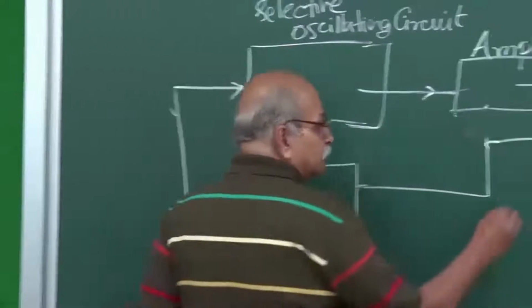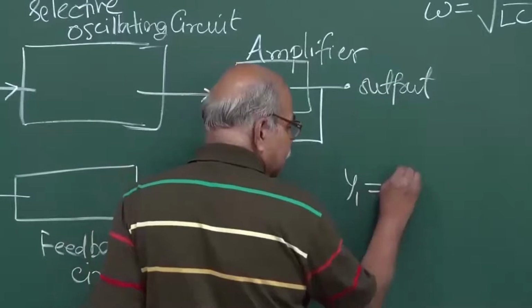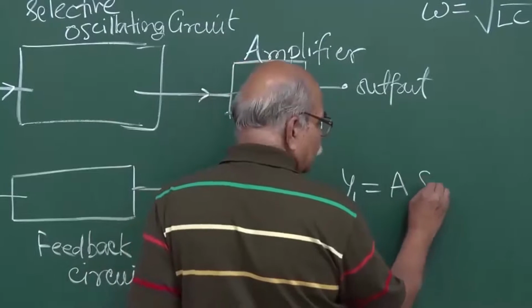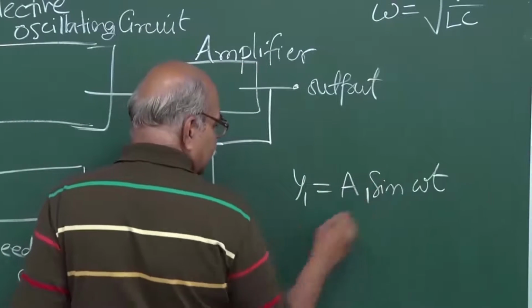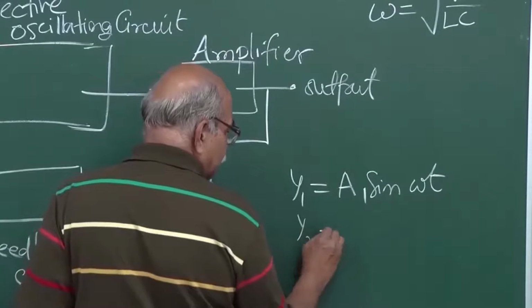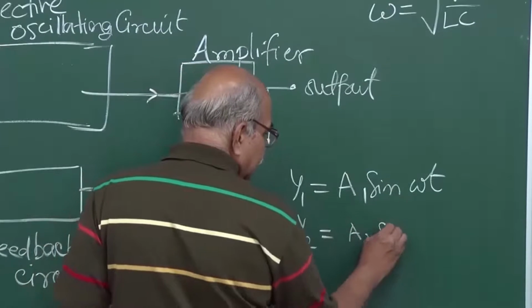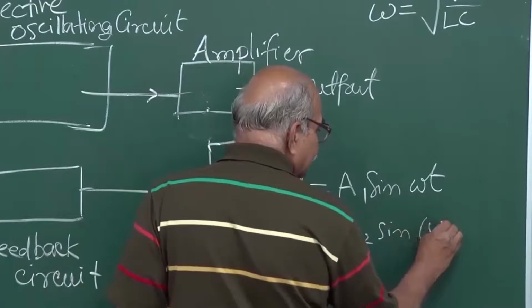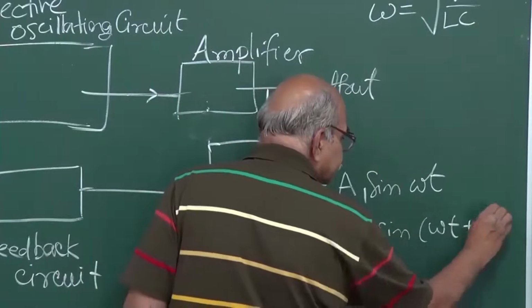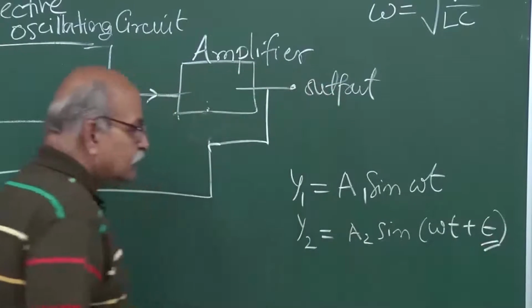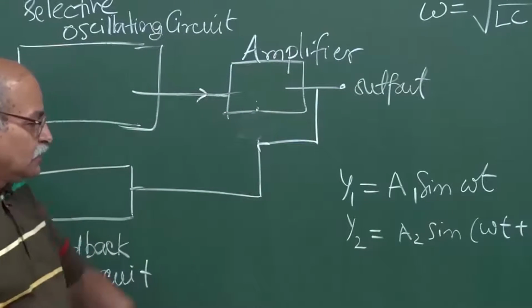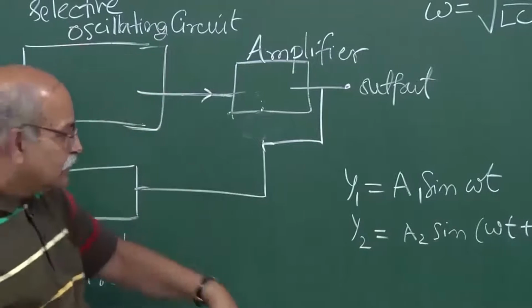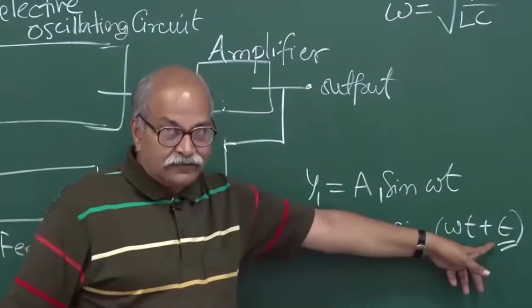If you have some y1 which is a1 sine omega t, and then you have y2 which is a2 sine of omega t plus epsilon, it is important, if you want actual addition of amplitudes, that epsilon should be 0 or 2 pi.